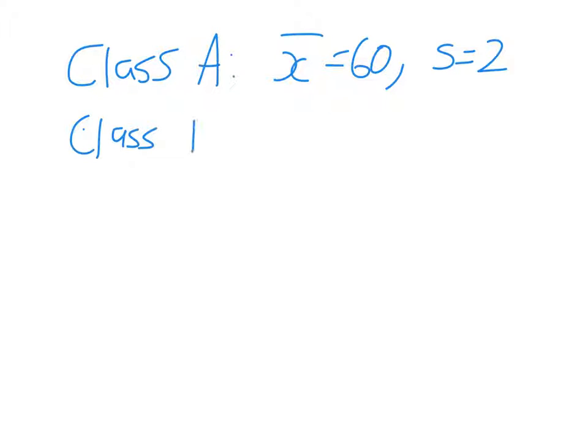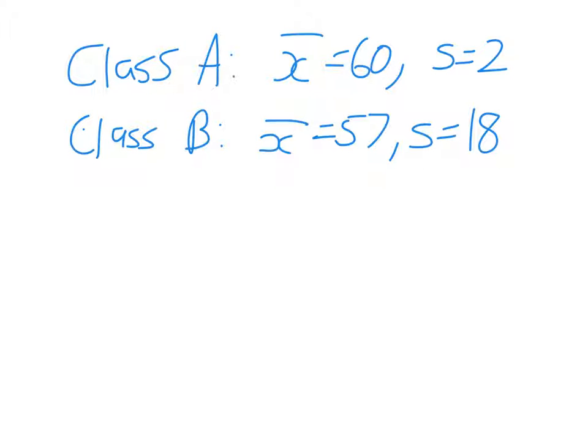Let's say class B took the same test, their average was slightly lower, 57, but their standard deviation was higher at 18. So you might be tempted to say, okay, class A has the higher mean, therefore the students did better. But if we look at all of these numbers together, the means and the standard deviations, yes, the average of class A was higher, but the variability of class B was much higher.